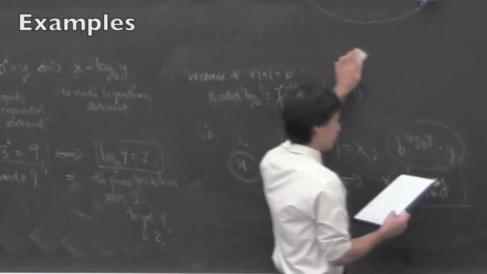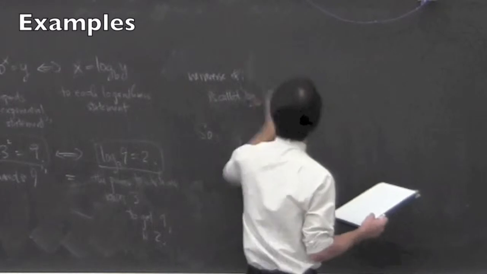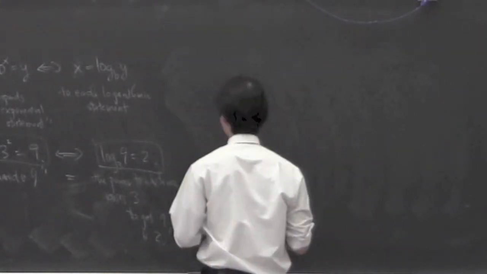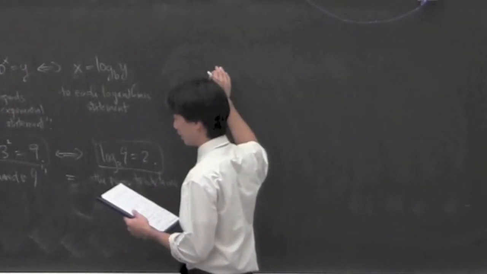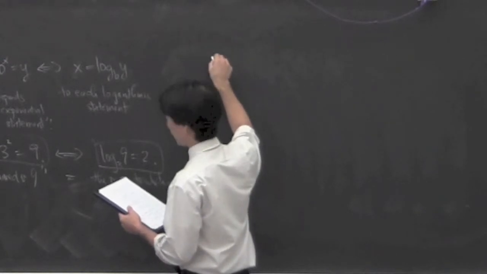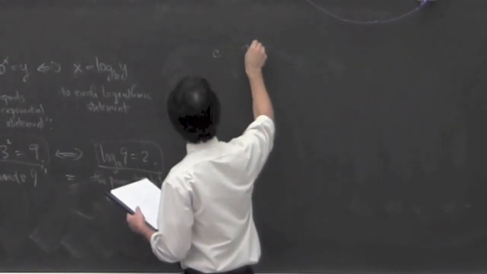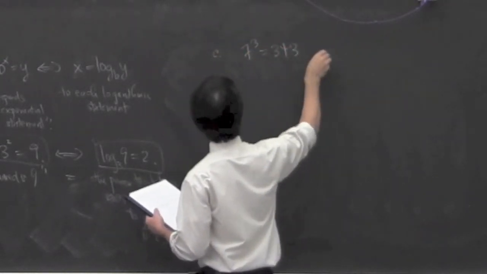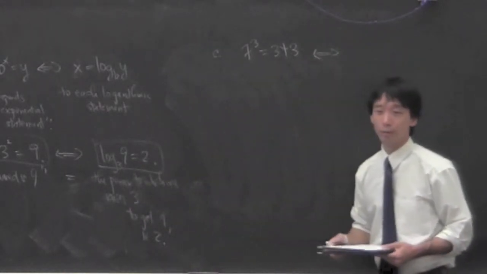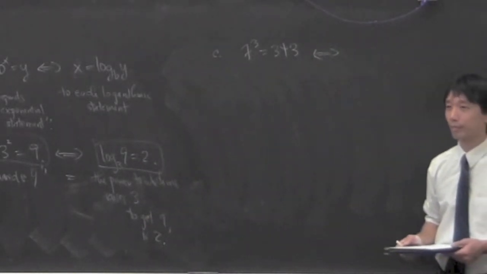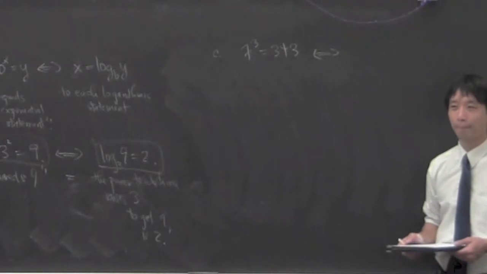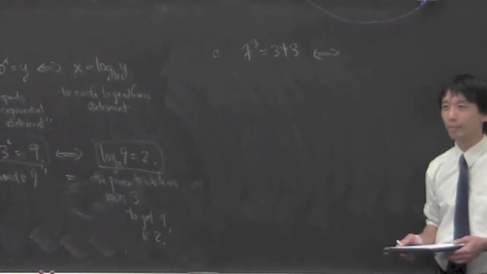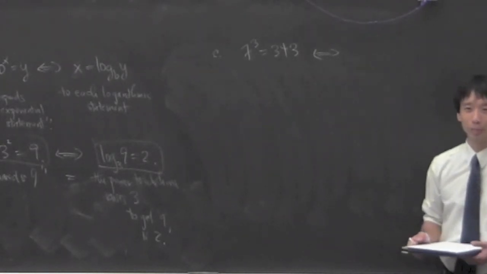So let me ask you to translate a statement. Here's a simple one: 7 cubed is 343. What's the equivalent logarithmic statement? Julian, how about you?